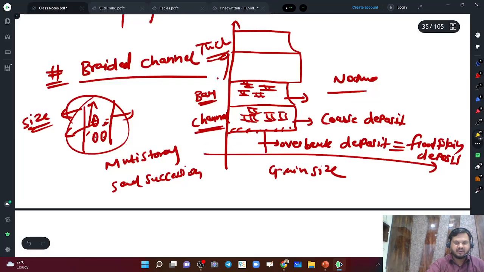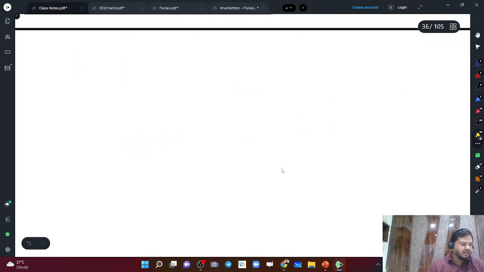I will explain it here. How does a meandering river flow? Something like this, right? This is a meandering river.